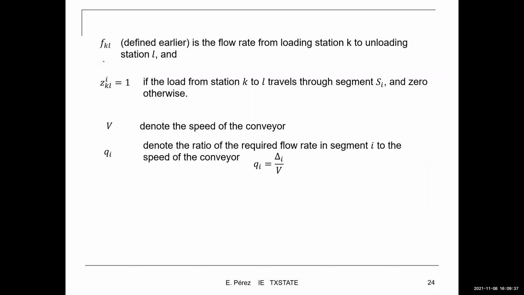V denotes the speed of the conveyor, and Qi denotes the ratio of the required flow rate in segment I to the speed of the conveyor.